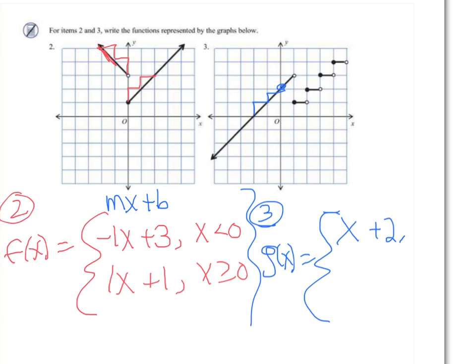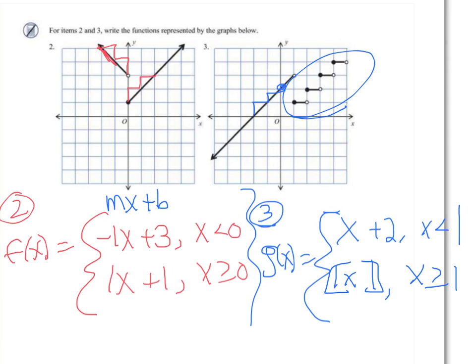And that's for every x less than, and this point happens here at an x value of 1. So it's for every x less than 1. And now these pieces as a step, they're the greatest integer function. So I'm going to write it as the greatest integer function, and that's for every x greater than or equal to 1.